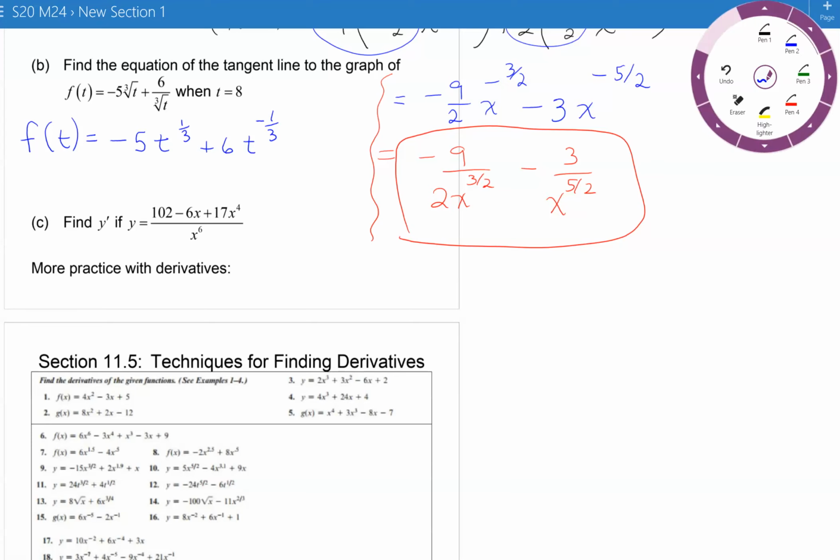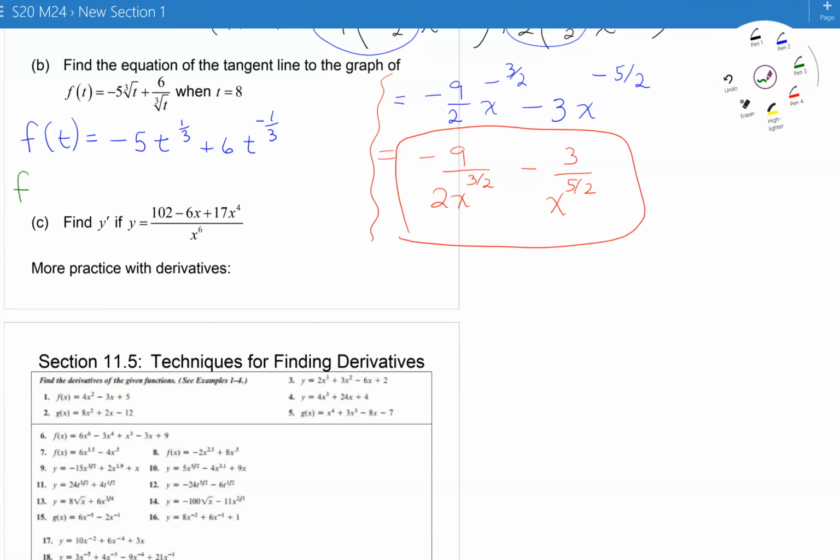Then I'm going to do the derivative, so label what you're doing as the derivative. So you're going to have the derivative of negative 5t to the 1/3 plus the derivative of 6t to the negative 1/3.